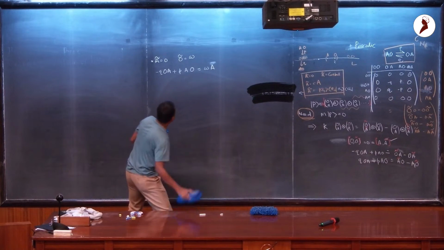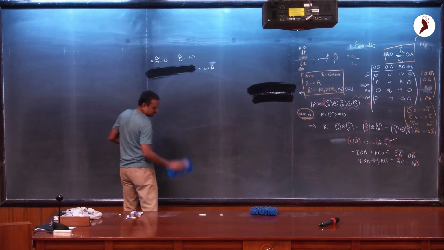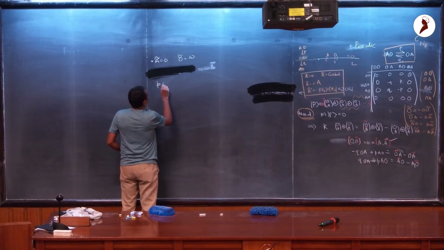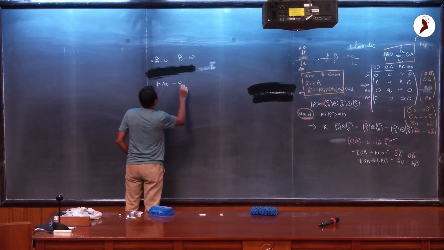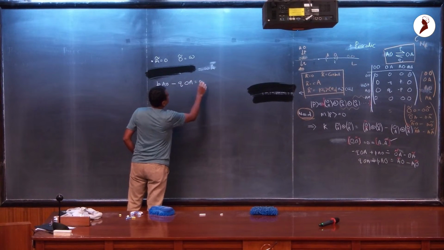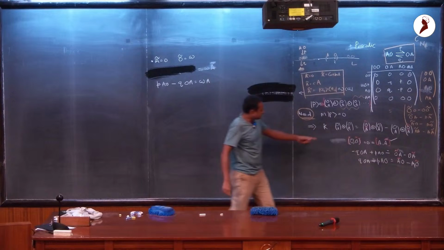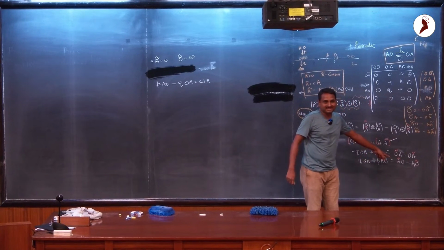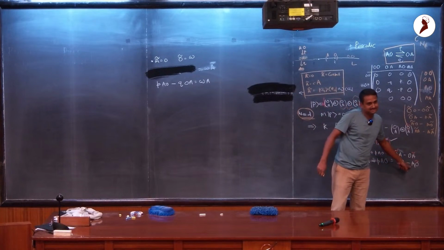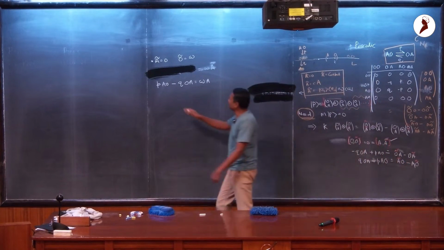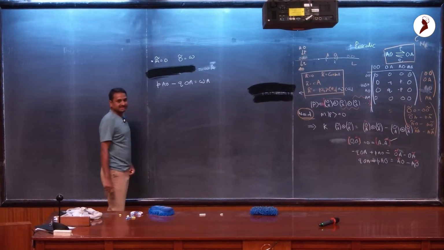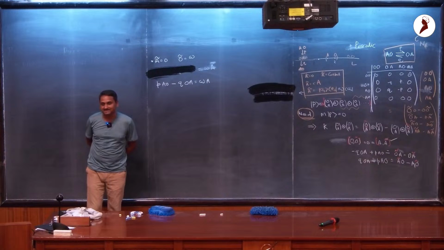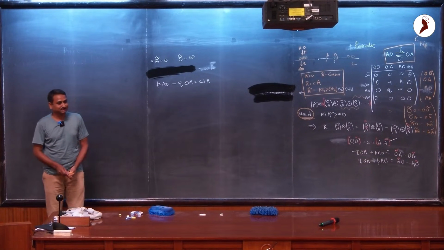So I will write it the other way, PAO minus QOA equal to omega A. Do you get anything extra from the other equation? The minus sign is also taken care of, so this is already satisfied. So you just have one equation, PAO minus QOA equal to omega A. So if you find matrices which satisfy these equations, then you are done for this problem, right?